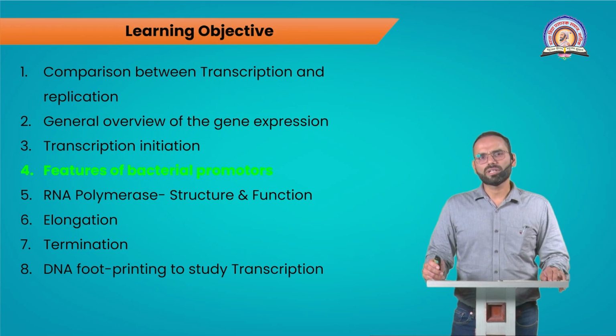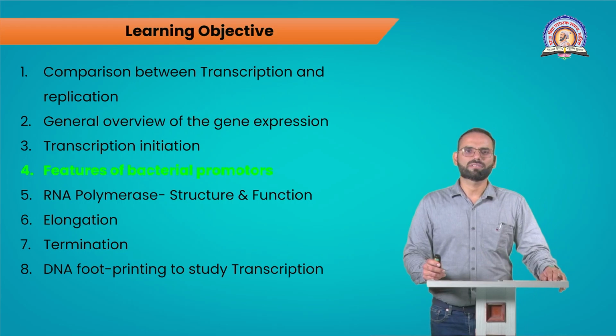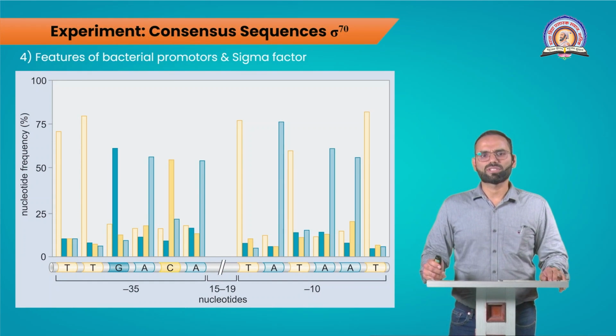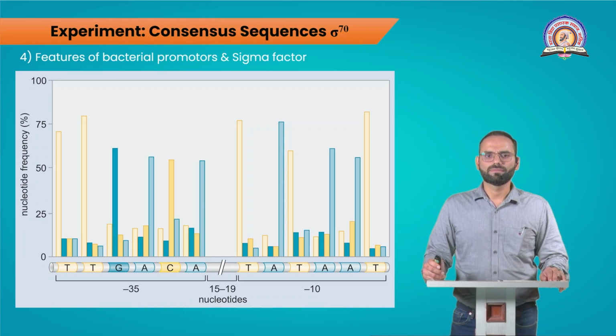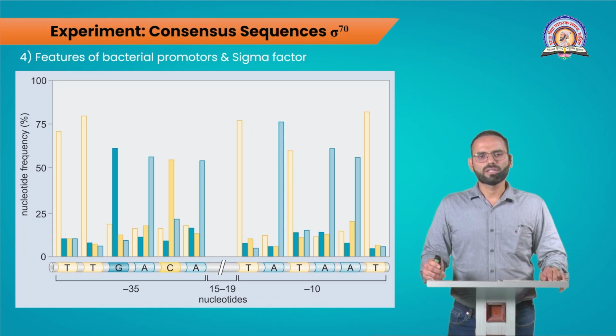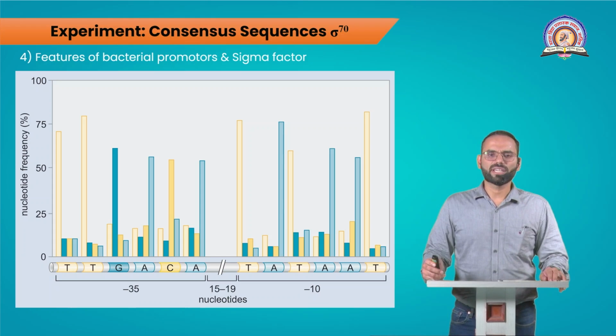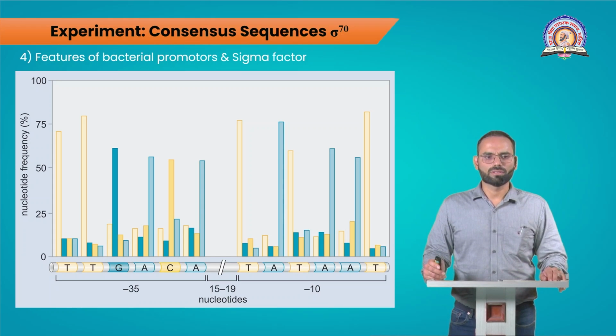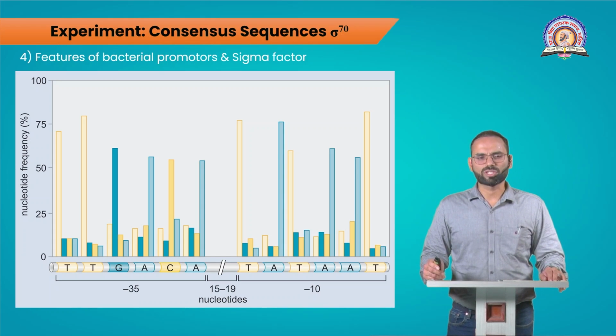So let's dig more into the details of the bacterial promoters. This is the consensus sequence for sigma 70. For this, almost 300 promoter elements have been sequenced and aligned with each other, and a consensus was found with respect to the nucleotide at each position. On the y-axis, you have nucleotide frequency, given in percentage, and on the x-axis, you have position on the DNA.